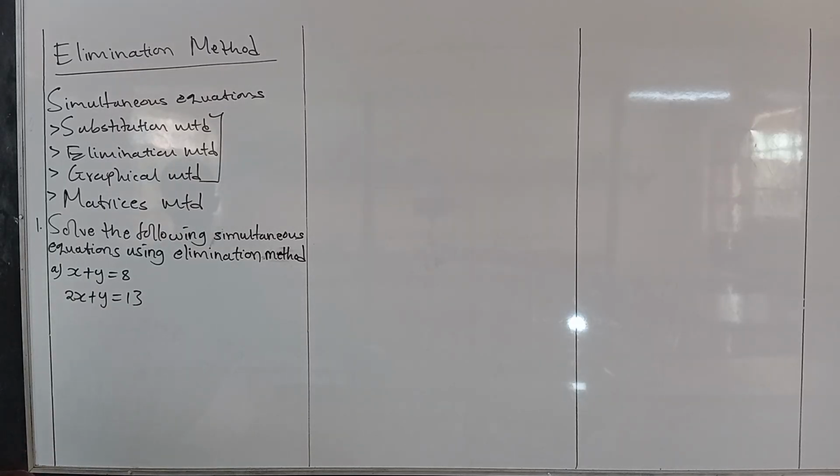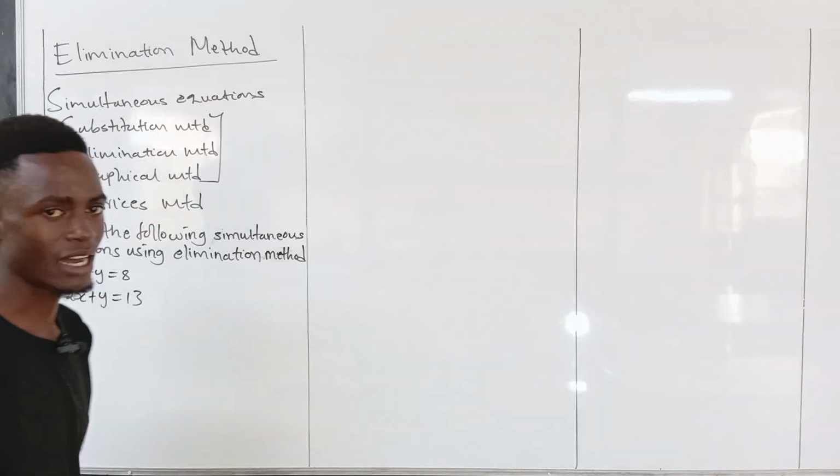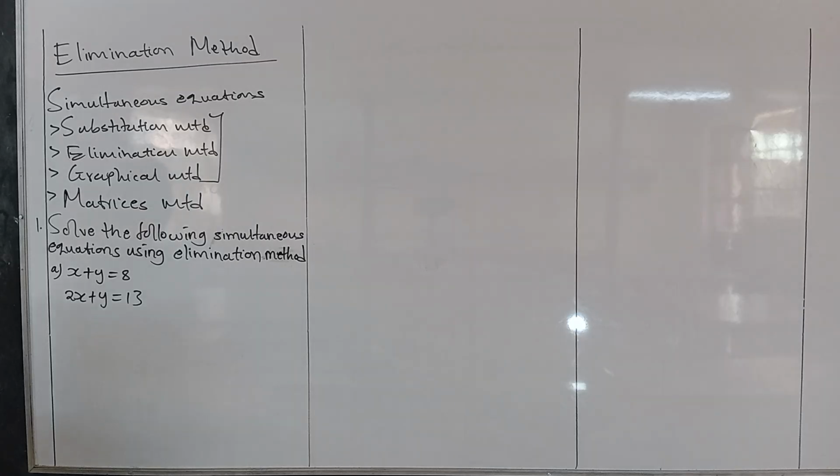Number 1 is the substitution method. Number 2 is elimination. Number 3 is the graphical method. And then we also have the matrices method. But the first 3 are the ones we are going to learn as of now. For the matrices method, we are going to learn it at senior school. Just get the introduction part of it in grade 9. That is on the matrices.